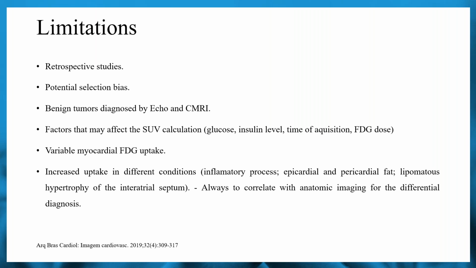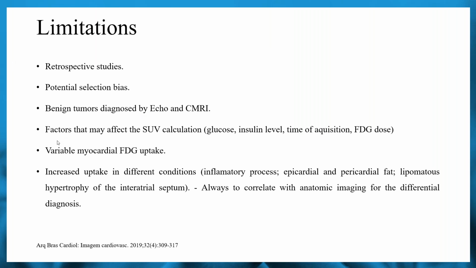There's another limitation, which is the factors that may affect the calculation of the SUV, which are the glucose level, the insulin level, the time of the image acquisition, and the FDG dose applied in the exam. And it may vary this SUV calculation from examiner to examiner.